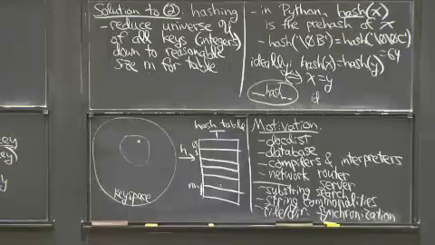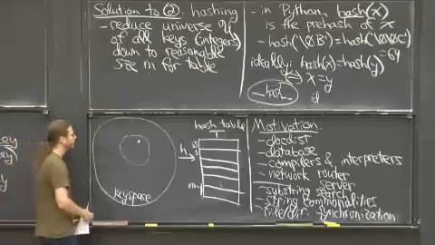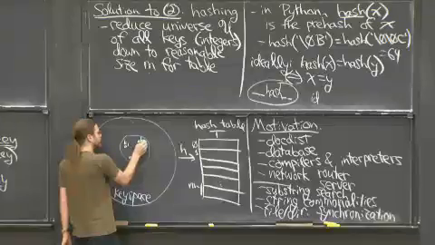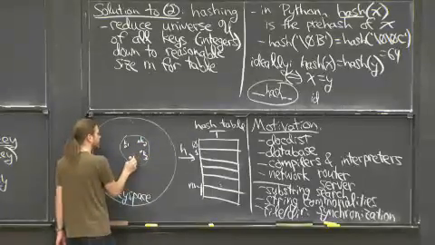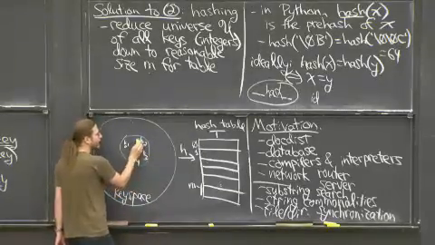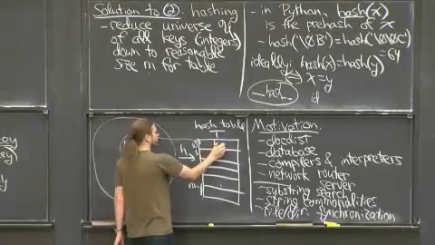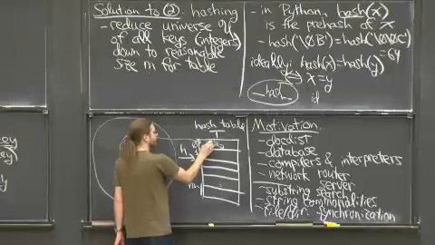At any moment in time, there's some set of keys that are present. That set changes, but at any moment, there's some keys that are actually there. K1, K2, K3, K4. I'd like to map them to positions in this table. So maybe I store K2, or actually item 2 would go here.